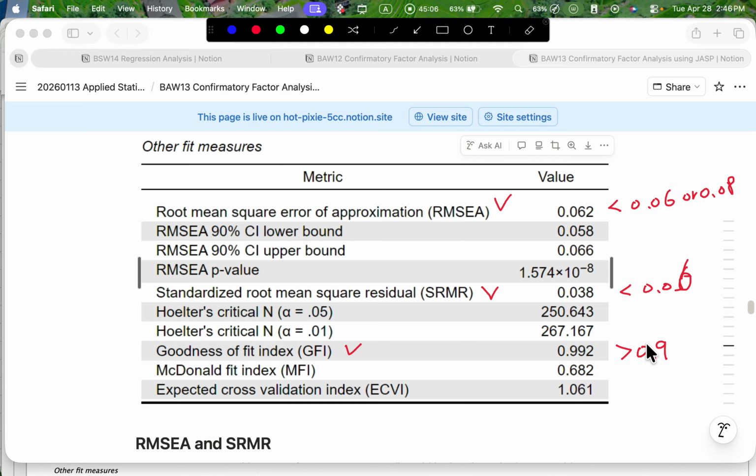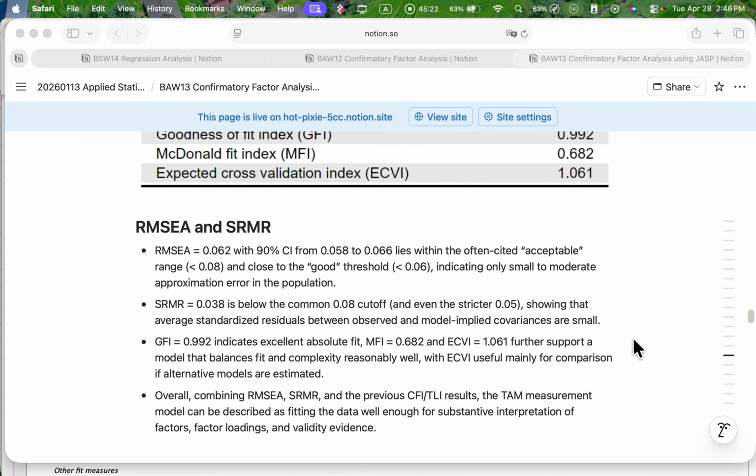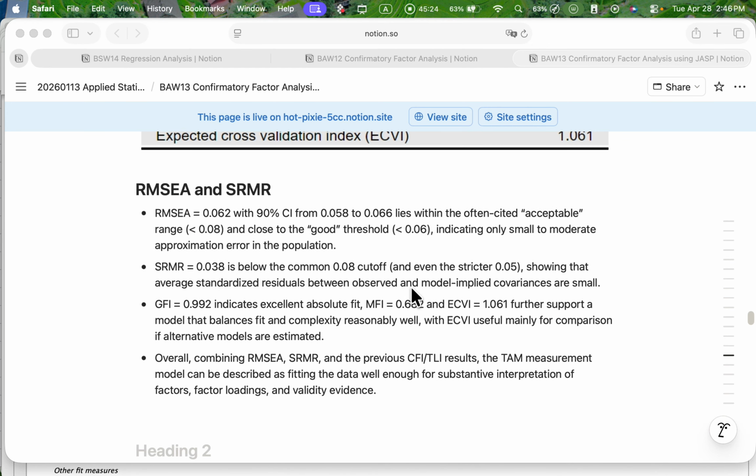Got it? You can try to apply the CFA to analyze your data and try to find the indexes, to see whether or not your measurement model is a good fit. For the description, I have put something in here just for your reference. Okay.